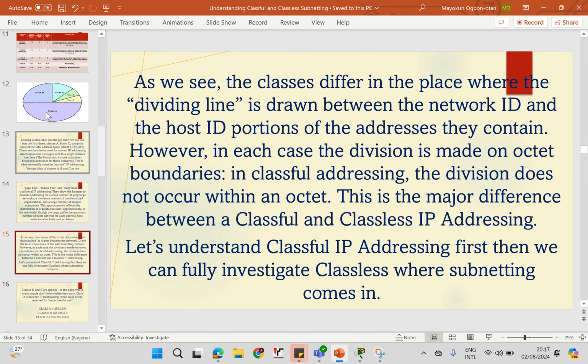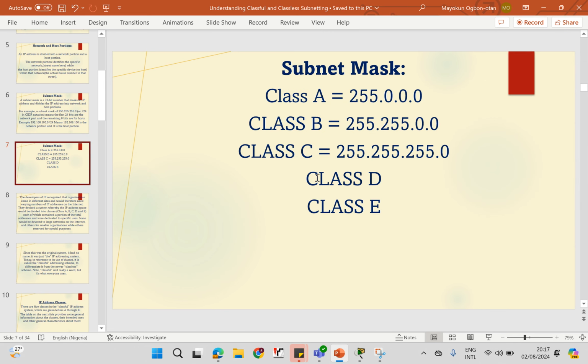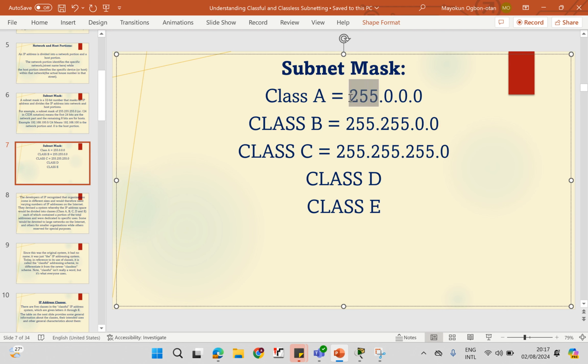Now, what we are saying is in classful, you cannot remove from this part or this part. You can't. But in classless, you can. That is where proper subnetting comes in.